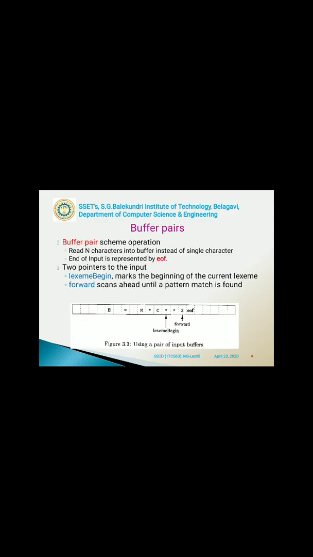We can see here two EOFs are given, underlined. Case EOF, if forward is at the end of the first buffer, then you have to reload the second buffer.